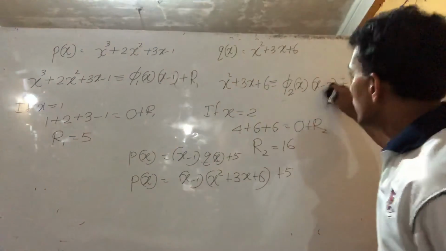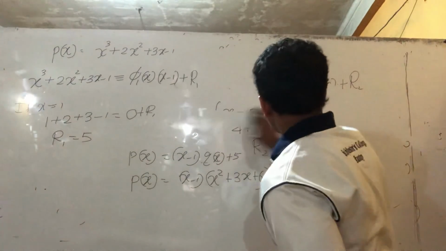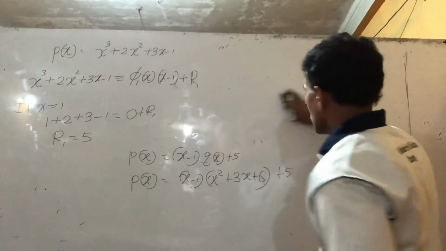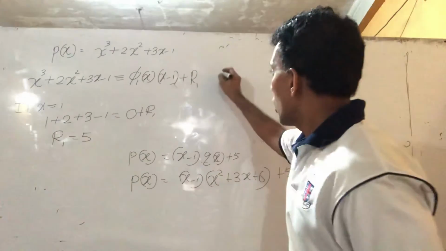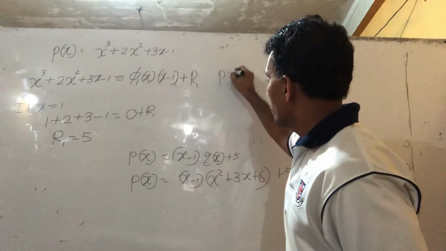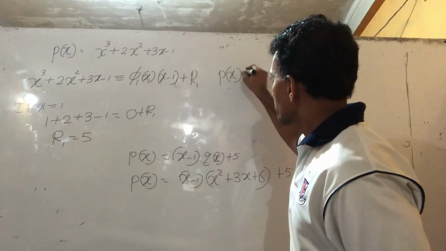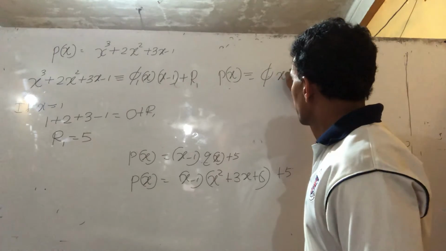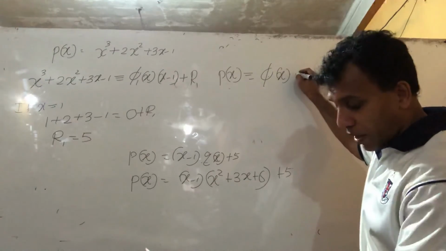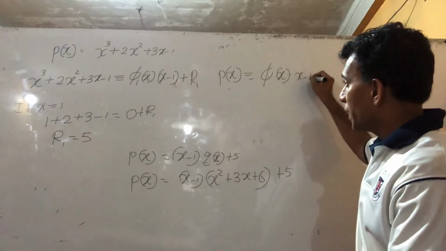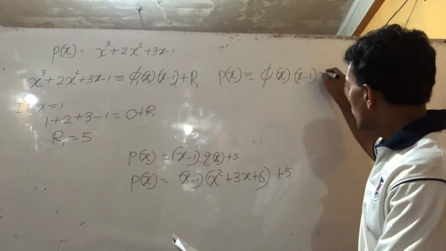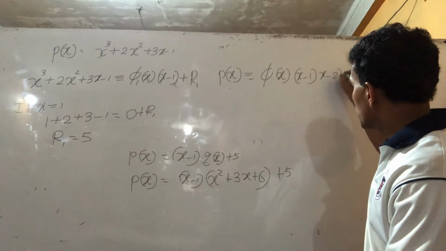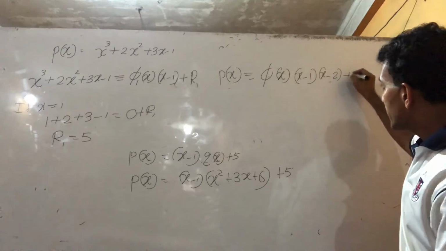So p(x) equals answer into divisor. What is the divisor? (x minus 1)(x minus 2), plus the remainder.